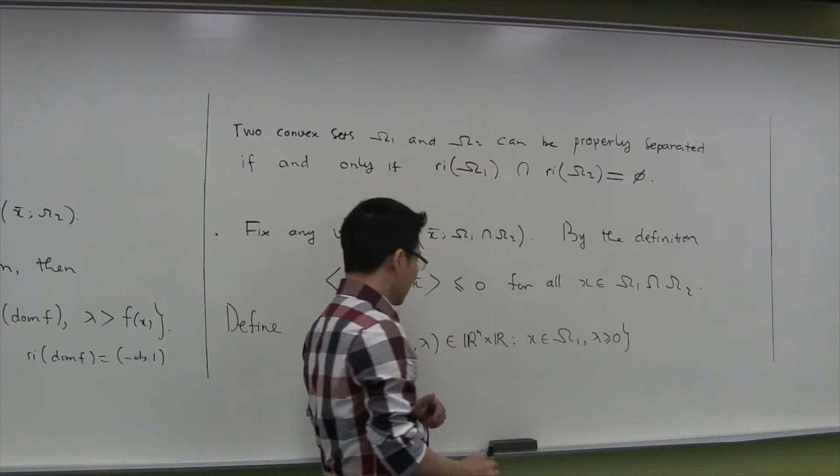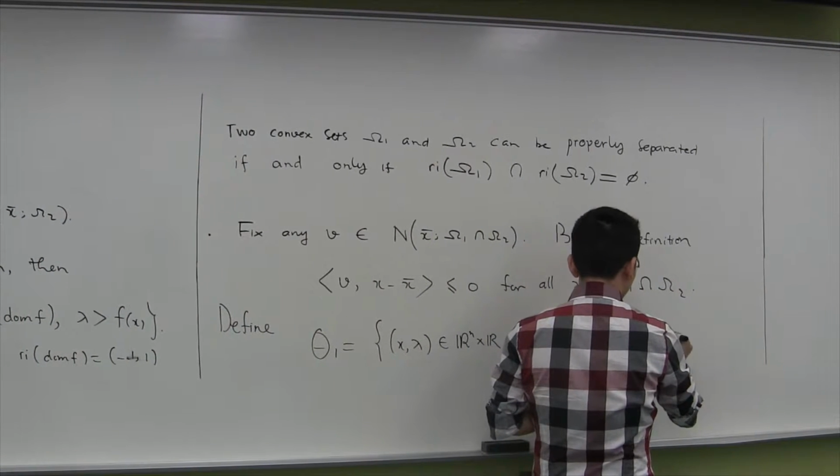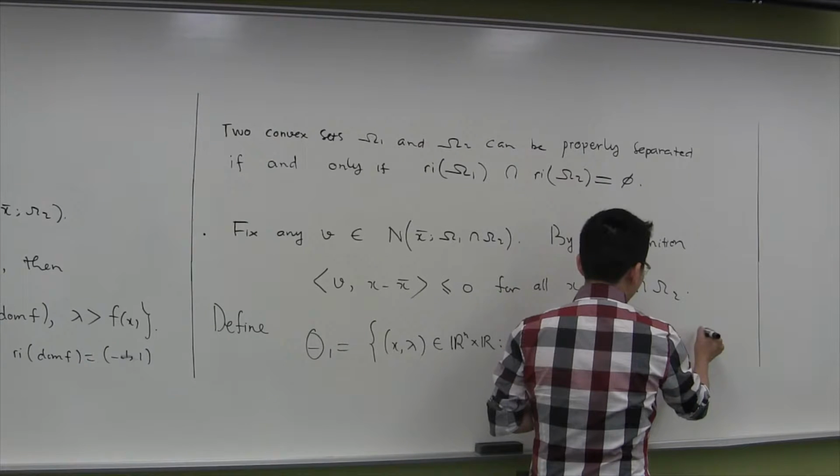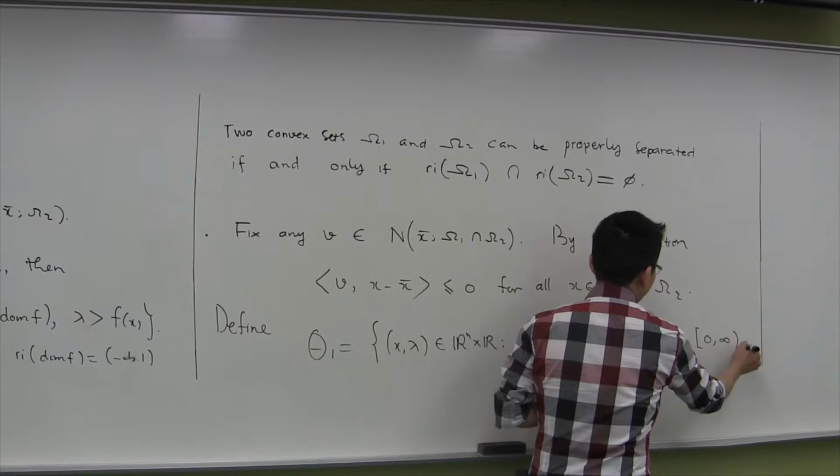This is just the Cartesian product of omega 1 and the interval [0, infinity).